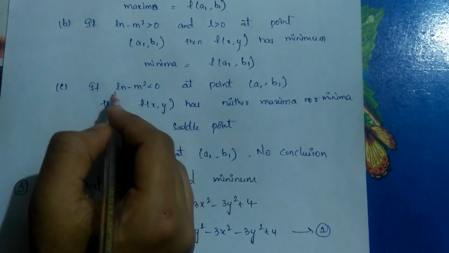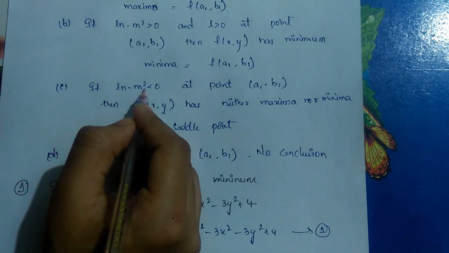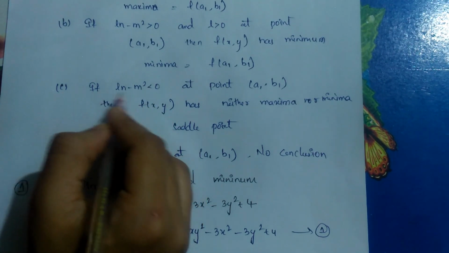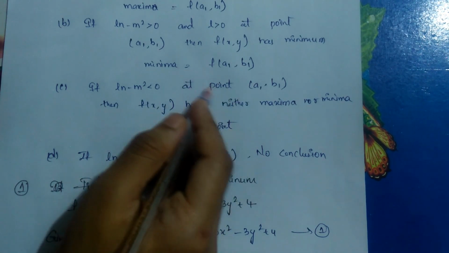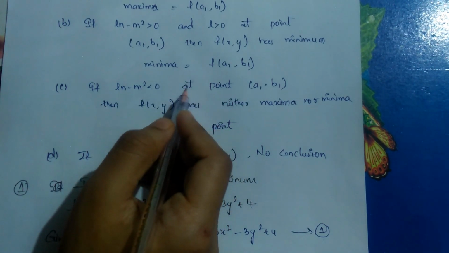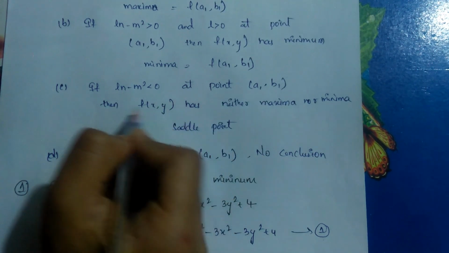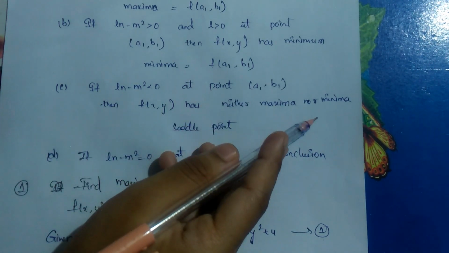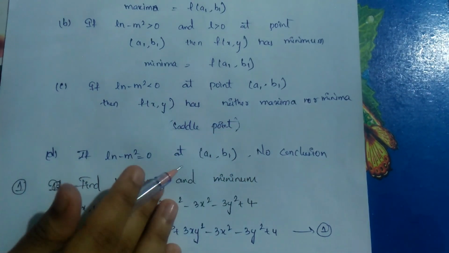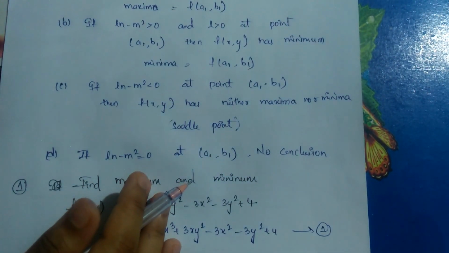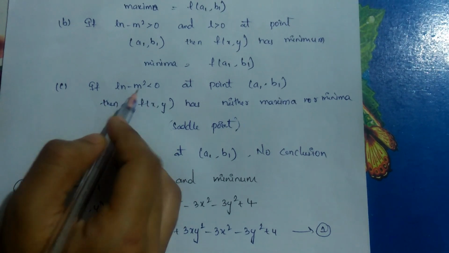And the third is LN minus M square is less than 0. If it satisfies this condition, then there is no need of knowing the value of L. So at the point a1 comma b1, the function has neither maximum nor minimum. It acts as a saddle point, so it does not have any maximum or minimum if it satisfies this condition.